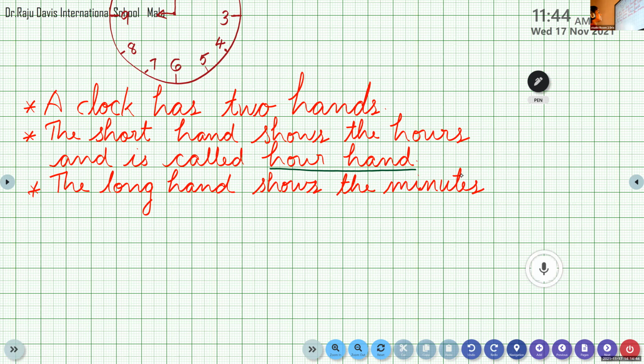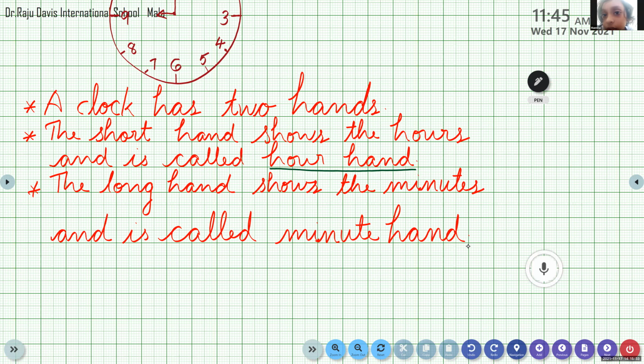The long hand shows the minutes and is called minute hand. And underline the word minute hand.